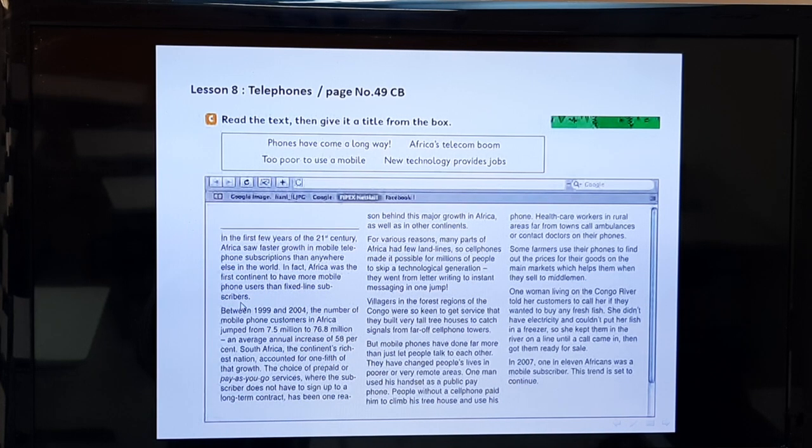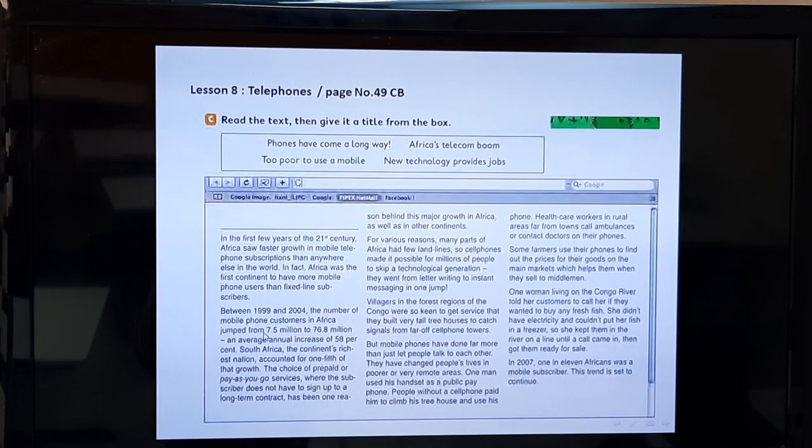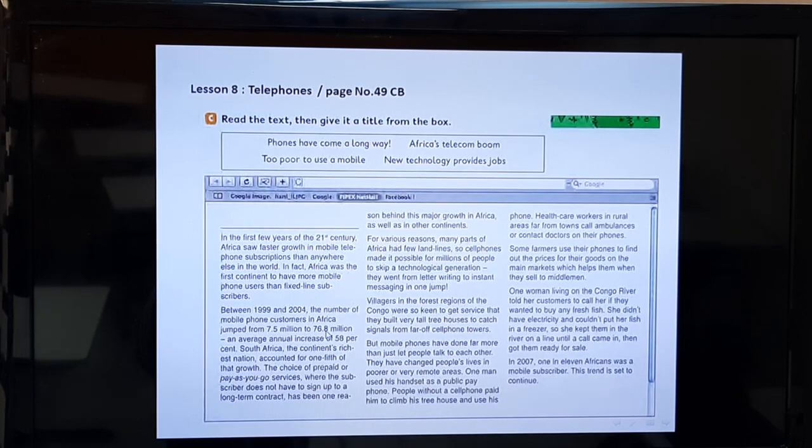Then the other important information is in the second paragraph. Be careful with years and numbers. Between 1999 and 2004, the number of mobile phone customers in Africa jumped from 7.5 million to 76.8 million.